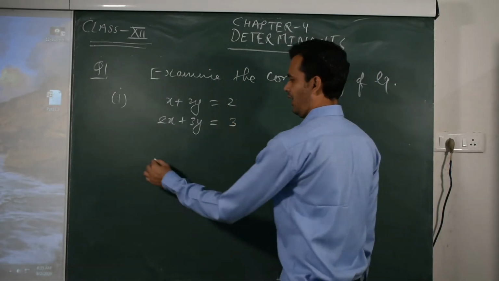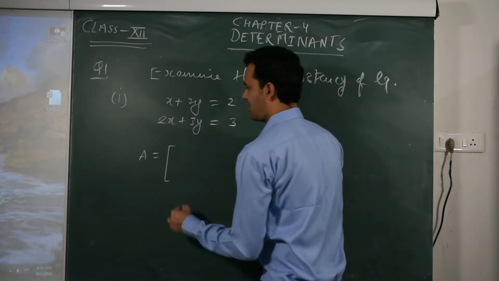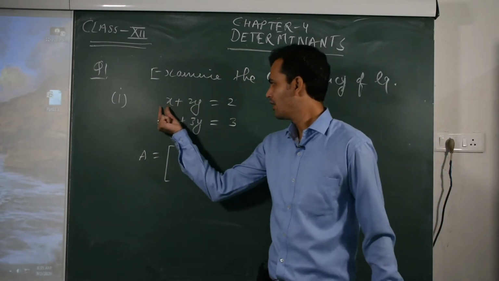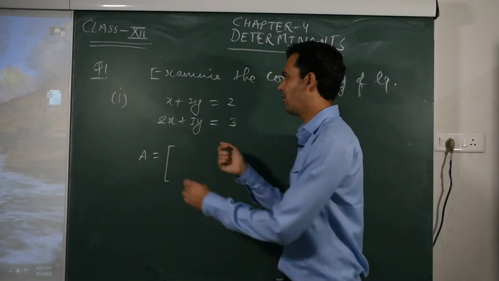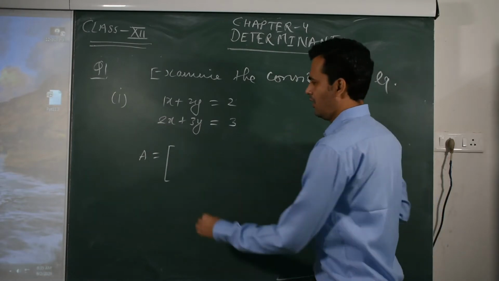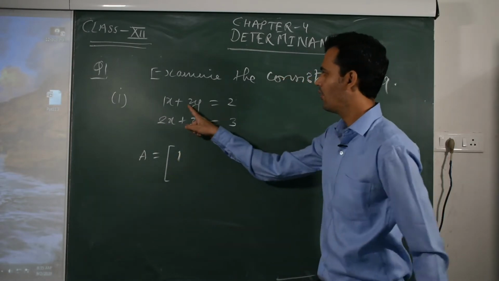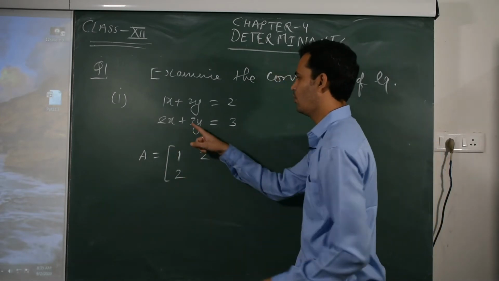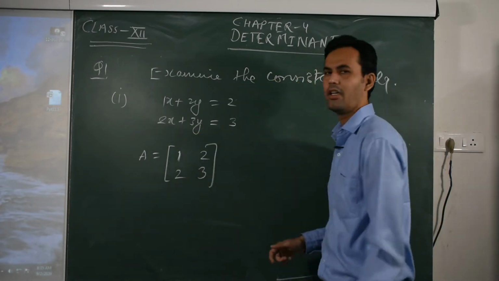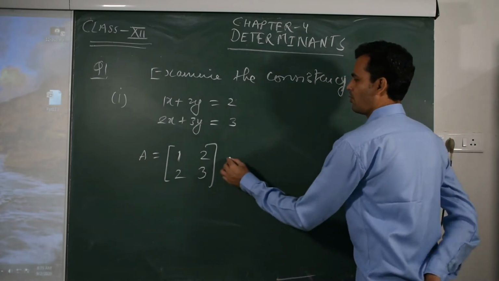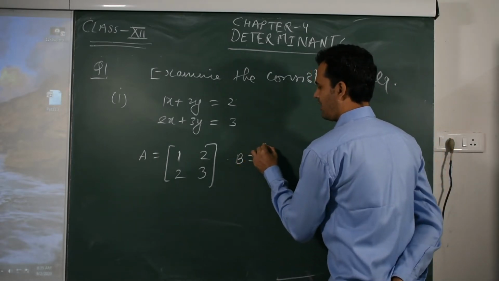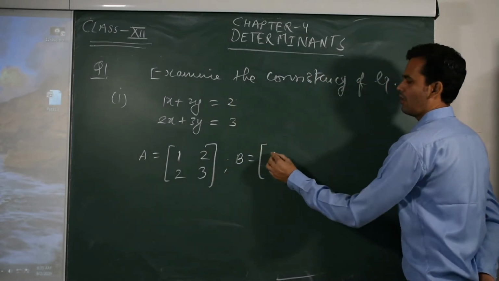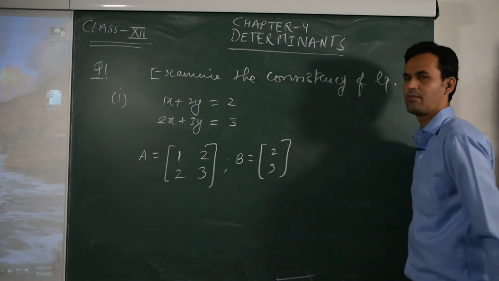So first we take matrix A from these four terms. Here we have x, so there is 1x, so 1. Here 2, then 2 and 3. So A is 1, 2, 2, 3. Then matrix B is the RHS, 2, 3.